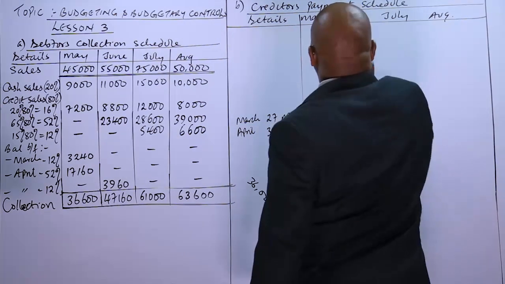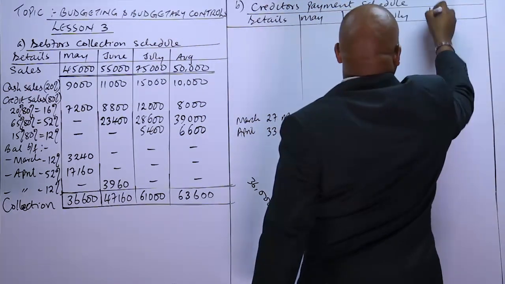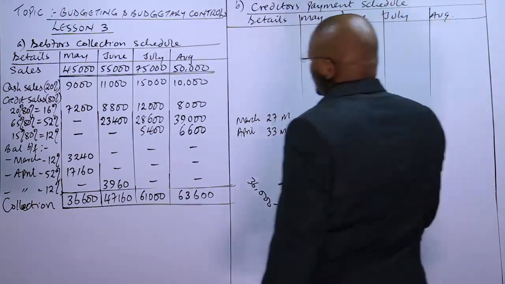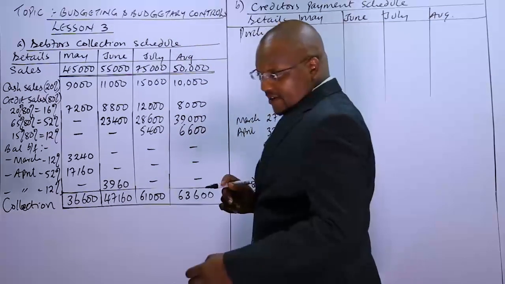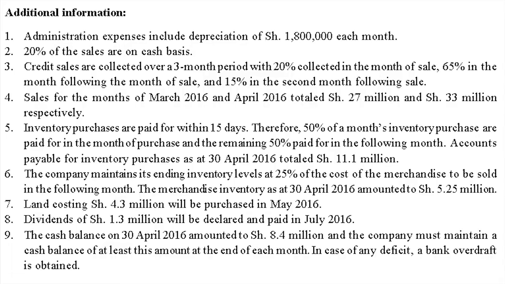So where we'll have purchases first. But again, let's see whether you have purchases, because we may be having something that is not provided. Yeah, exactly. Look at, we have the cost of sales but not purchases.